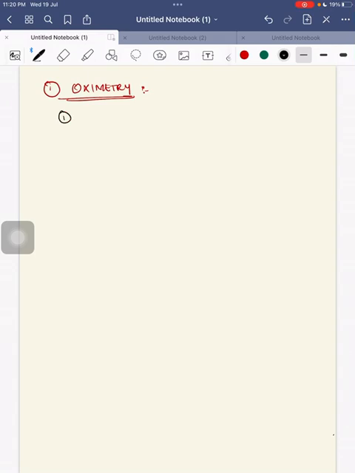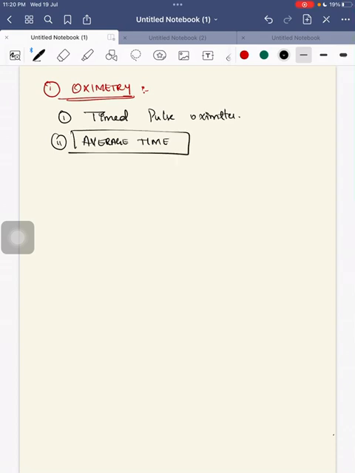This is done by using a timed pulse oximeter. The average time is a crucial setting in the diagnostic efficiency of the oximeter.